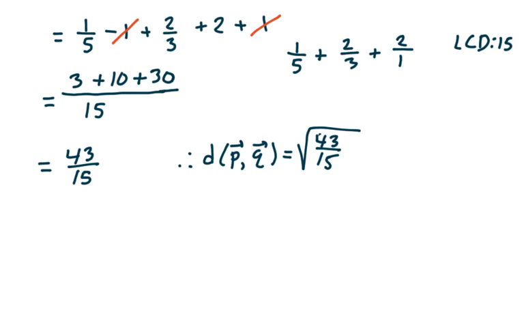And so I end up with 3 plus 10 plus 30 divided by 15, which is 43 over 15. And so therefore, the distance between p and q is going to be the square root of that result, which is the square root of 43 over 15.